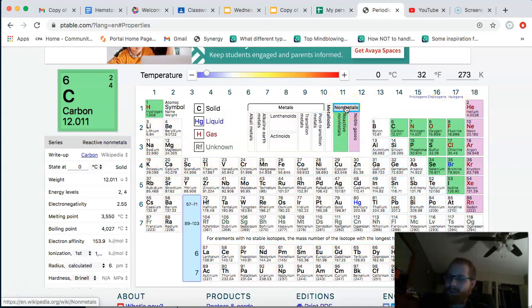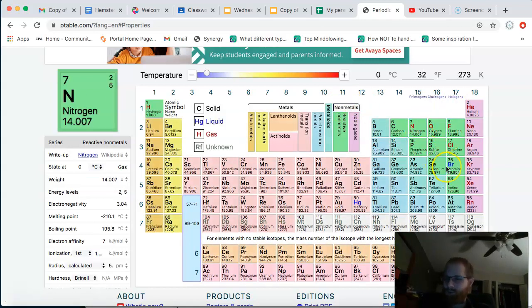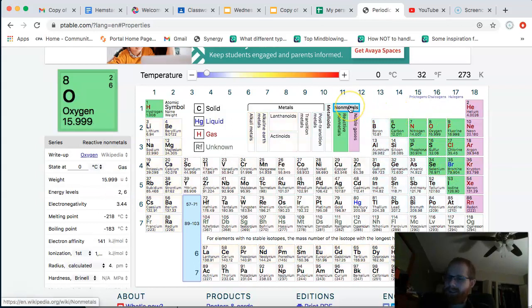Okay, so the nonmetals are this group in green right here and this last little group in purple called the noble gases. The noble gases are a particularly interesting group because the noble gases don't react with anything. In fact, you're breathing in a little bit of all of those noble gases in purple right now. But because they don't react with anything, you and your body never notice them. They just kind of hang around.